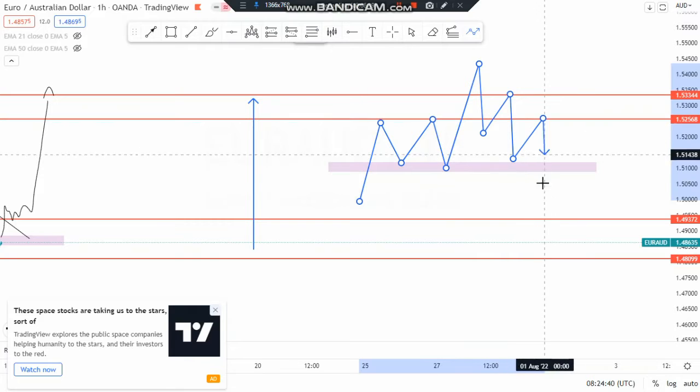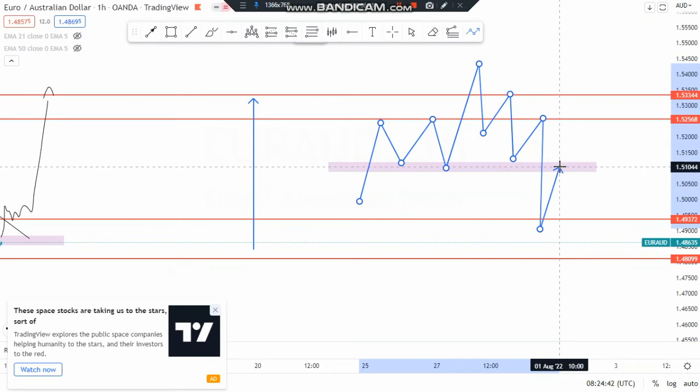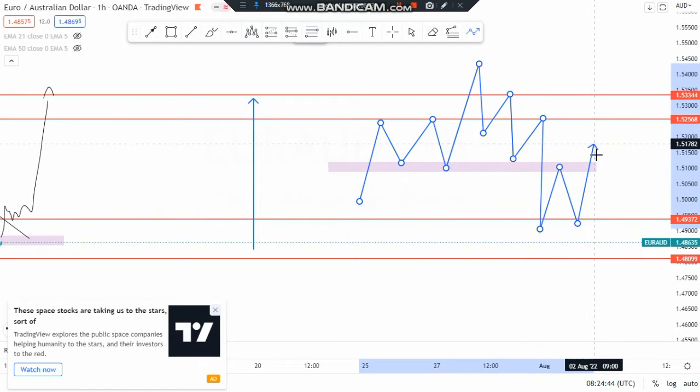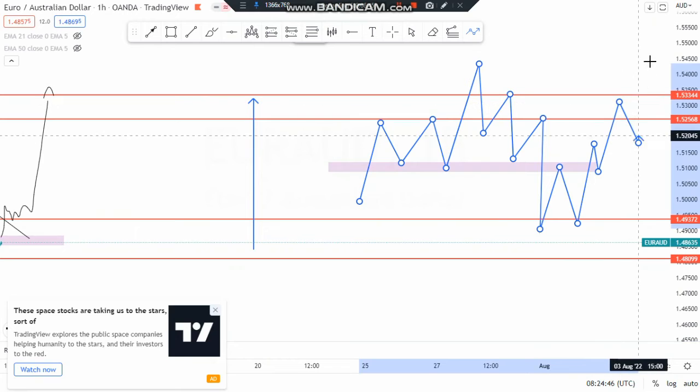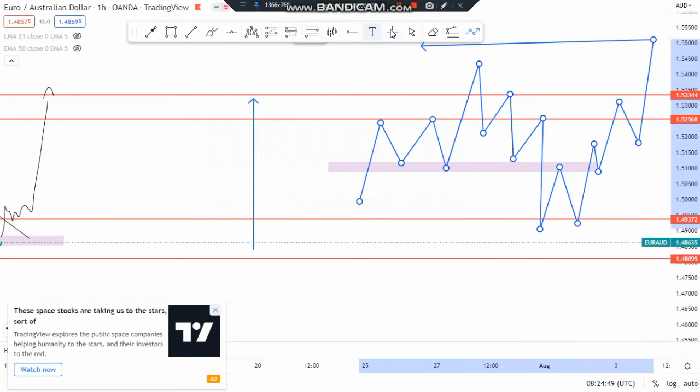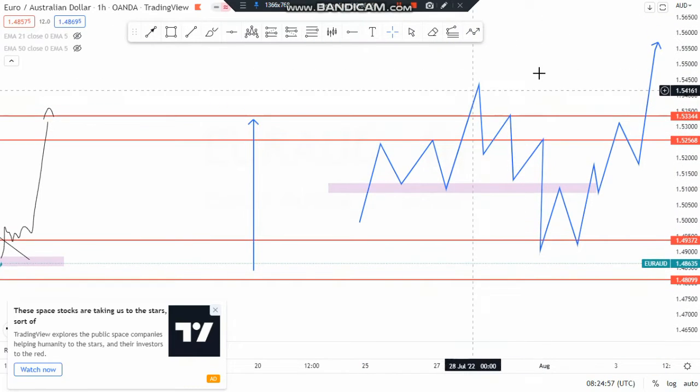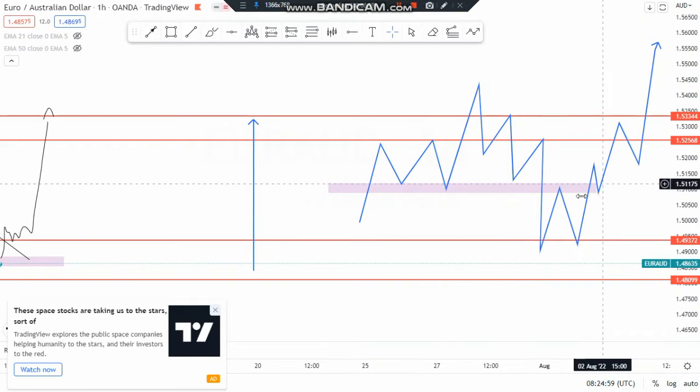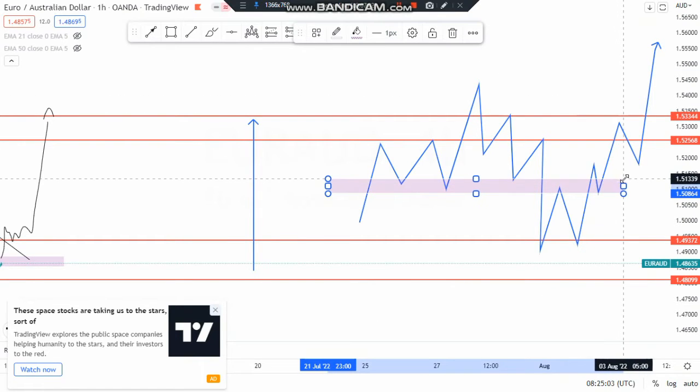The price then breaks below, does this, then comes back, does this. Okay, let's say this is what we have, guys. What are we looking for? We're looking for prices to break our demand and supply line and also break out of our trend. That is when we start looking for a buying position.